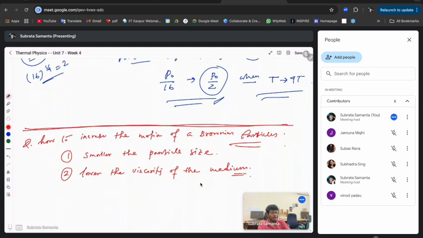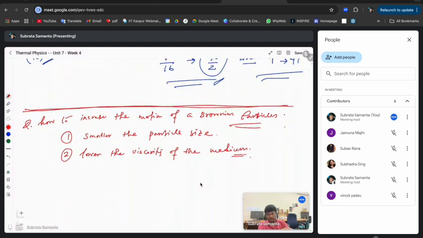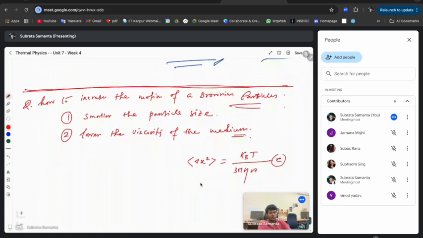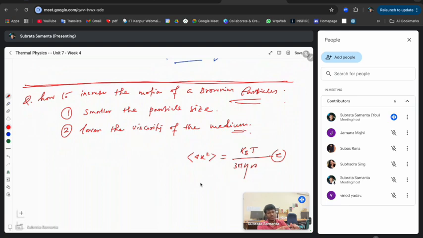How do I know these kinds of things? Since we know that the average delta x squared is basically kBT over 3 pi eta r times tau. Here r is the radius of the particle.